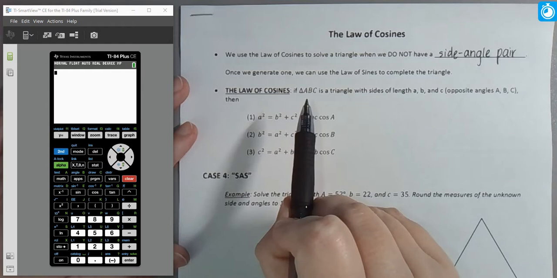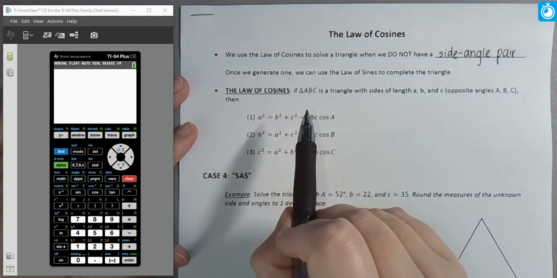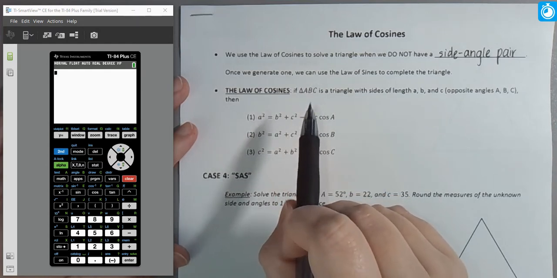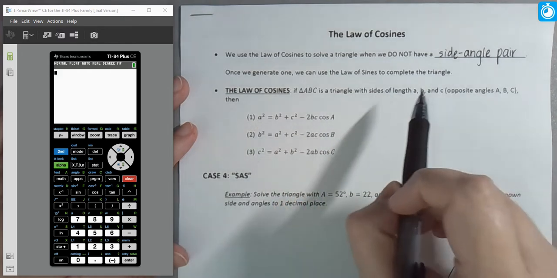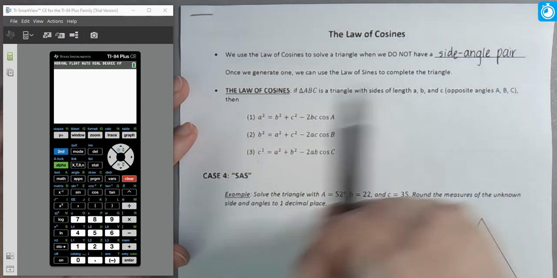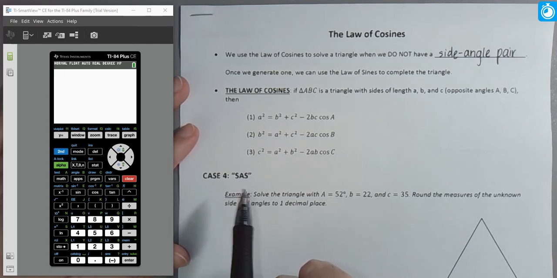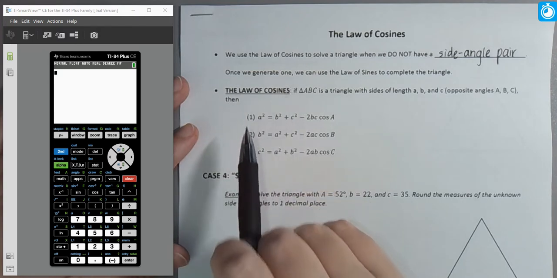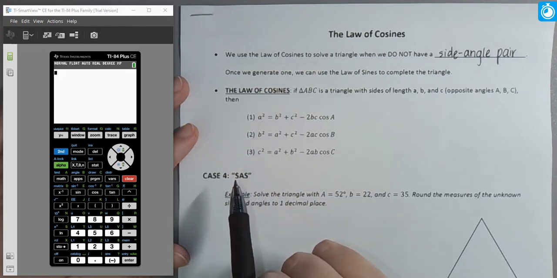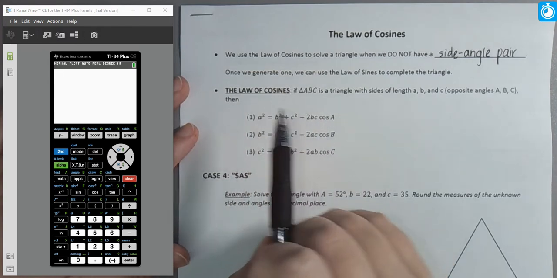So the law of cosines states, if we have our triangle ABC, and again it's an oblique triangle, we don't have a right angle, with opposite sides assigned the same way, then one of three relationships can be used to solve for our relevant unknowns. The law of cosines essentially has three different forms, and we're relating a side angle pair.